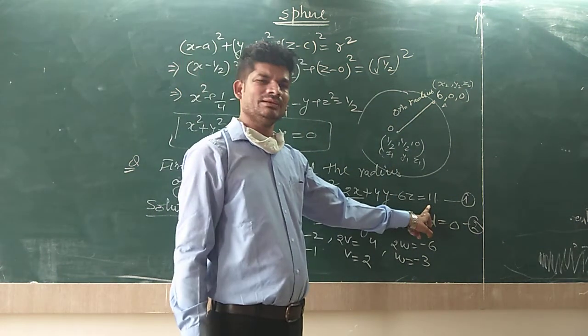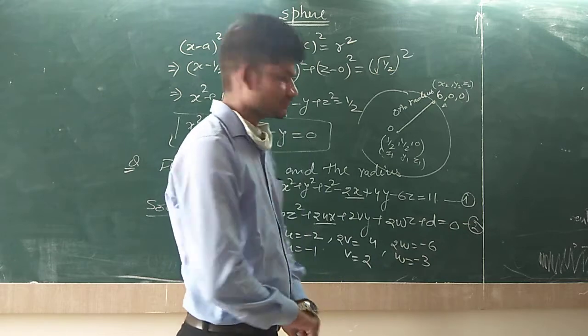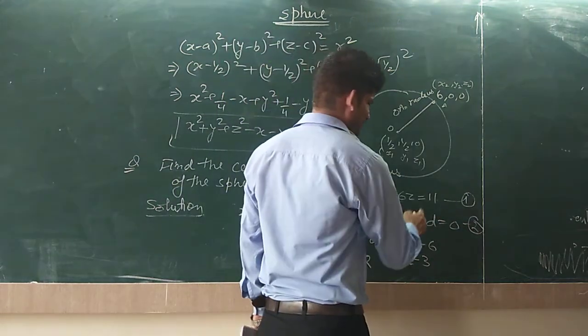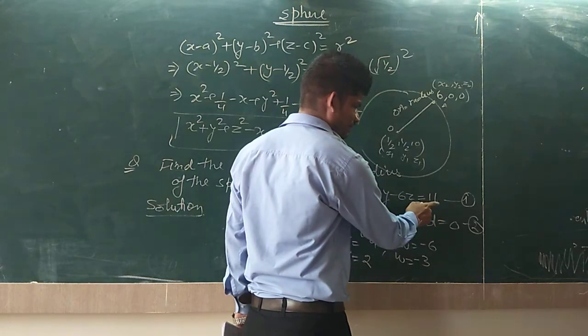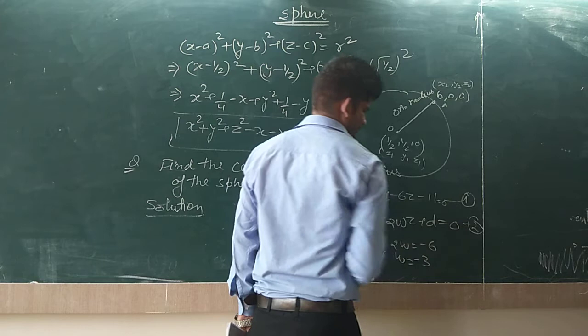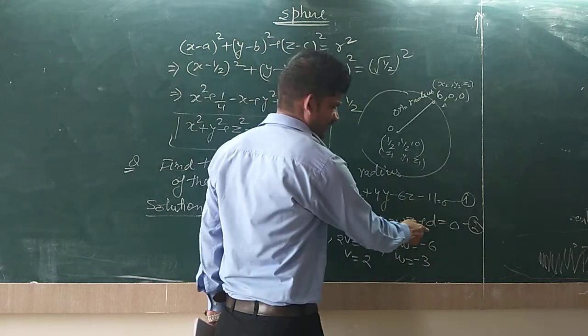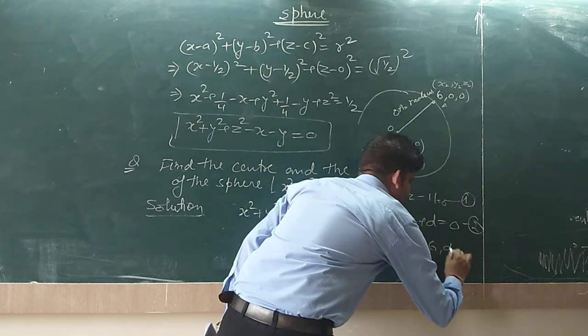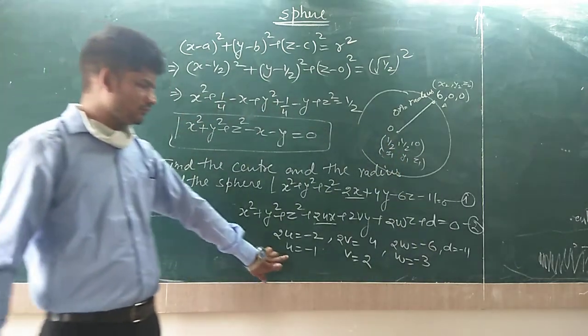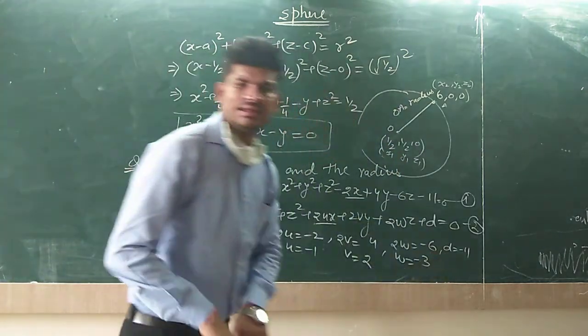and 11 is on the right hand side, then moving to the left hand side the sign is changed, positive 11 is converted to minus 11. Then comparing, d equal to minus 11. Find the values of u, v, w and d.